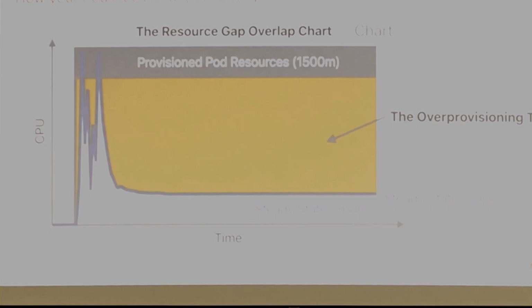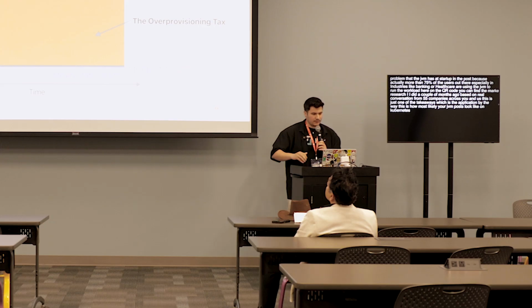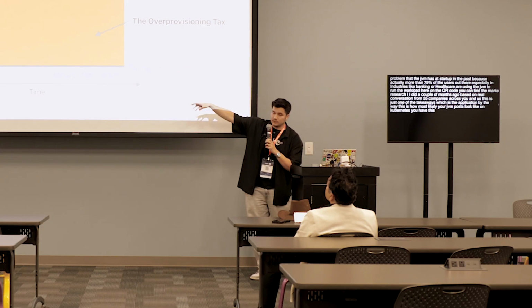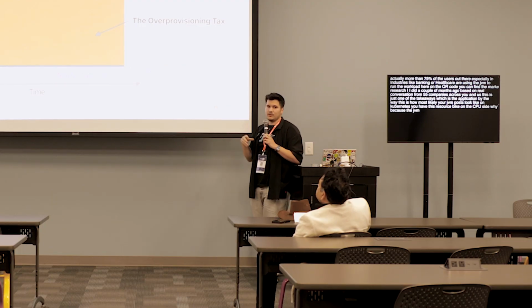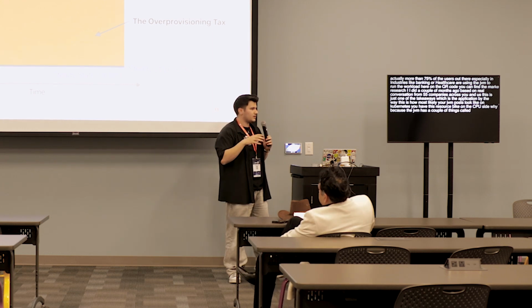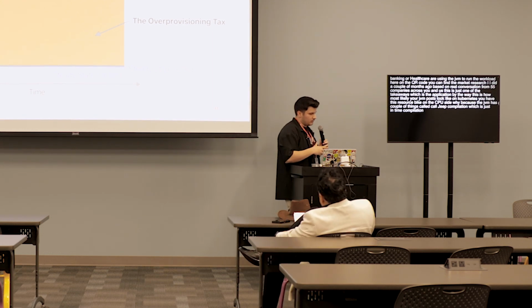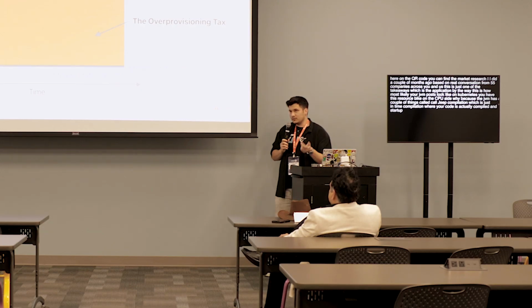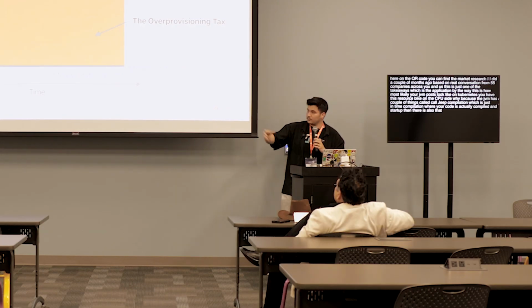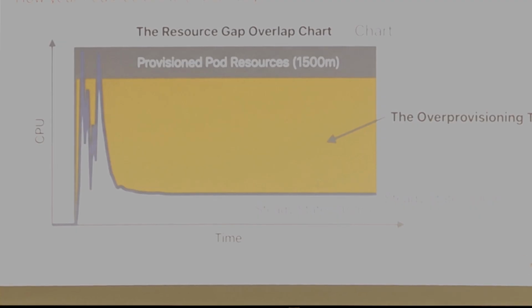This is how your JVM pods most likely look on Kubernetes. You have this resource spike on the CPU side. Why? Because the JVM has something called JIT compilation, which is just-in-time compilation, where your code is compiled on startup. Then there is also the GC cycle that could contribute to these spikes.